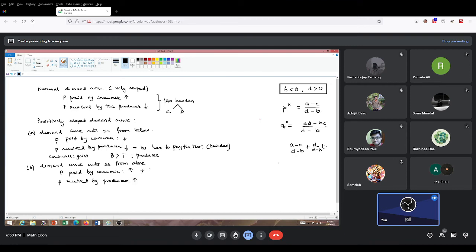Here again, in addition to the price that he pays to the producer, he also has to bear the tax burden. So the producer gains, while in the case of the consumer, his burden is greater than the tax. Okay.